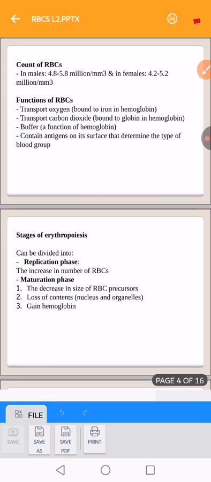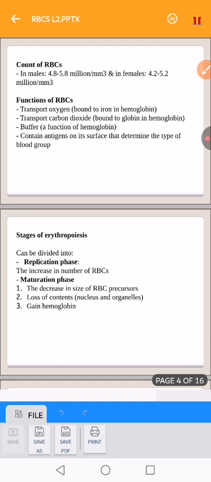So we're going to start the stages of erythropoiesis. We have two sides of erythropoiesis, in the bone marrow and in the blood. To form mature RBCs, the steps start in the bone marrow and end in the blood.